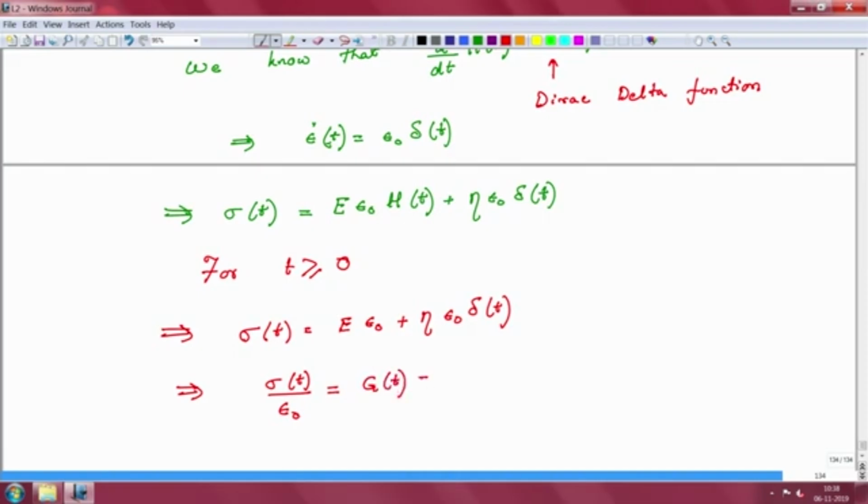I have taken E as common, so you have eta by E, which I am just going to write as lambda again. Just remember what lambda is equal to.